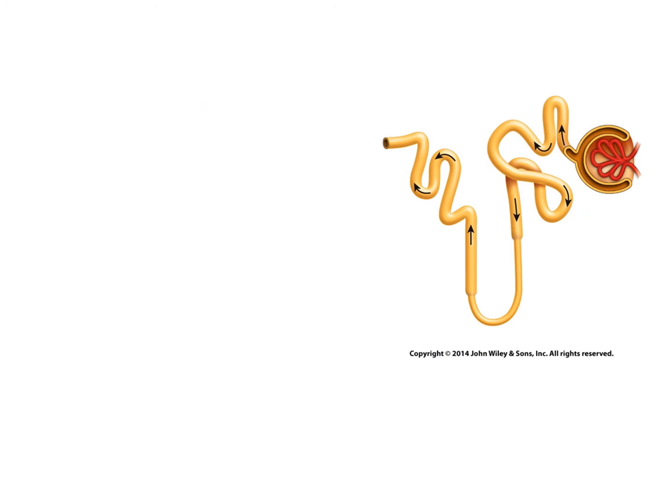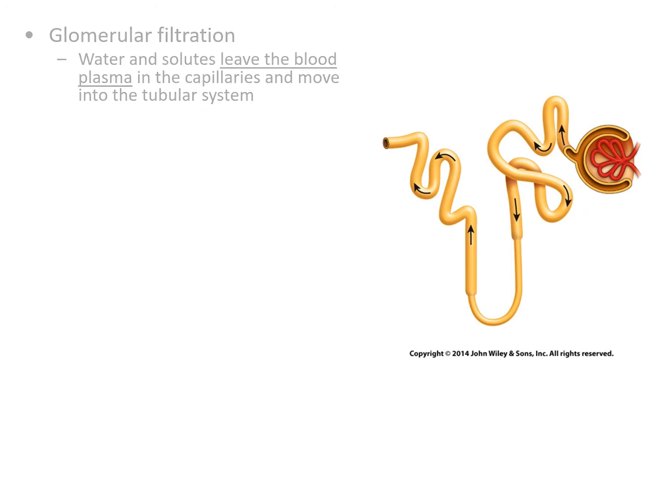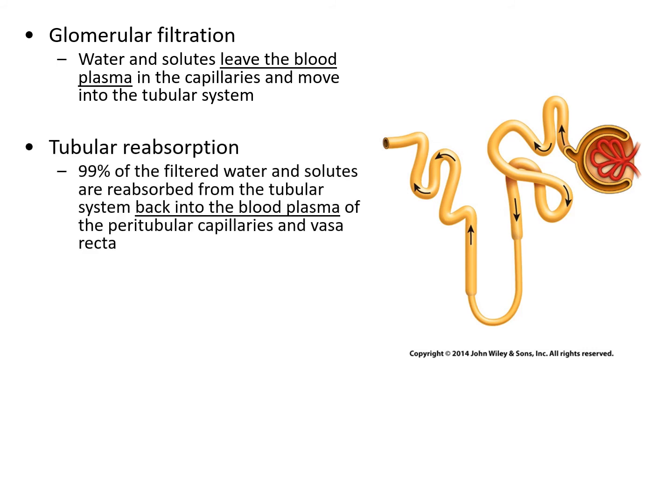What all of this leads into is the three main processes that occur in the nephron. Glomerular filtration, in which water and solutes leave blood plasma and move into the tubular system. Tubular reabsorption, in which 99% of this filtered water and solutes get reabsorbed back into the blood plasma of peritubular capillaries and the vasa recta.